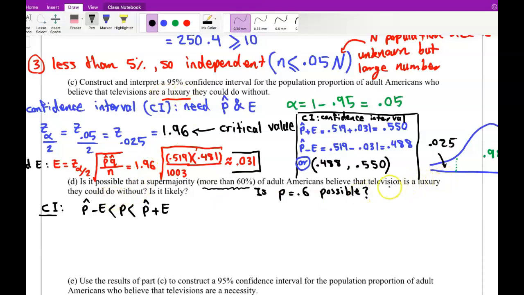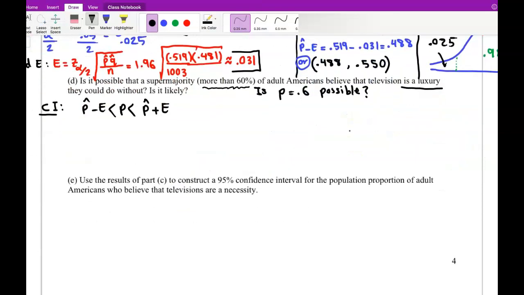Here we have the same thing, television is a luxury. That's why I can use what I got here for the confidence interval. So using what I had in part C, here in part D, for the lower bound we got 0.488, and for the upper we have 0.550.